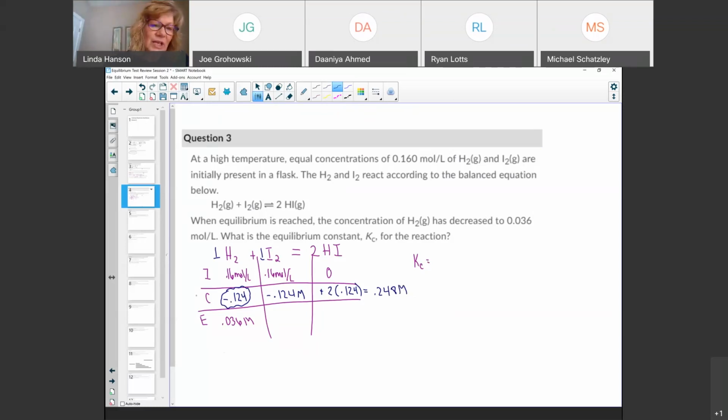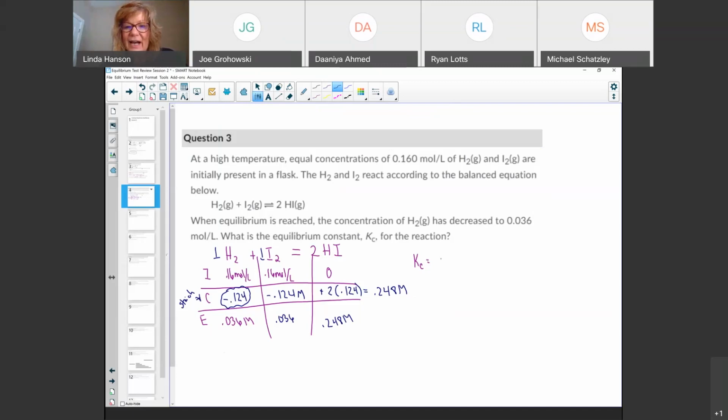So again, remember this change row is always related to the stoichiometry, just thinking about mole to mole ratios. Now at equilibrium, 0.16 minus 0.124 is also the same value here for iodine. And then 0.248 molar units will be the equilibrium concentration for HI.